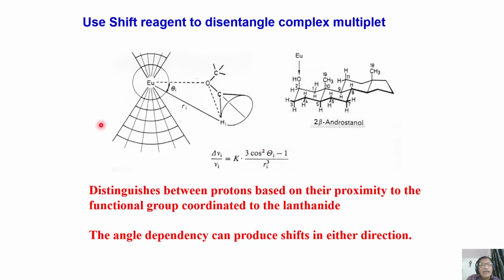Then if you put this type of complex, which is called a europium salt, of course we have praseodymium varieties of salts, which are called shift reagents. Then it goes and attacks at this place, and it distinguishes the protons based on their proximity to the functional group when it coordinates with the shift reagent. This is a lanthanide complex.